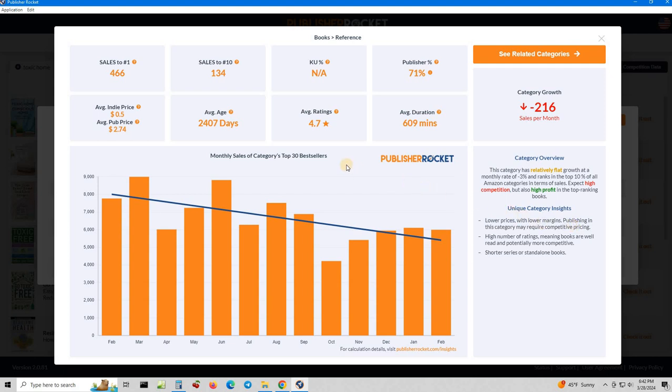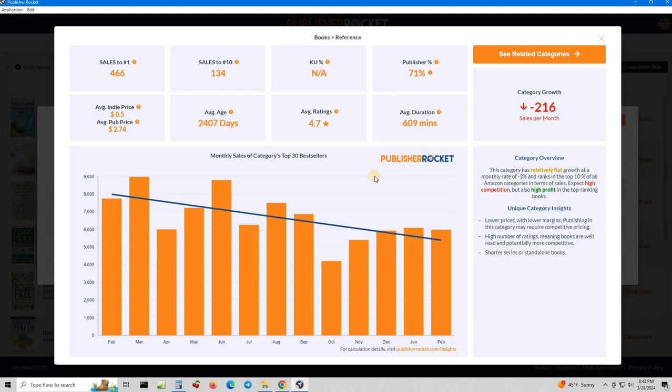So for reference books, it looks like the top 30 bestsellers in this category, the mean average has been going down, and this is why over here. High competition. So that category is shrinking.